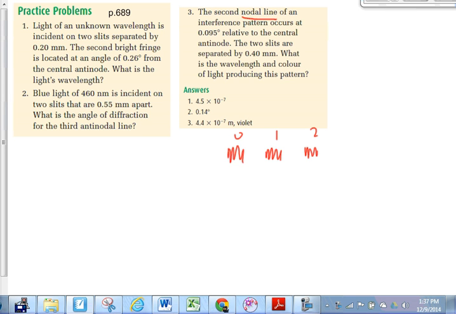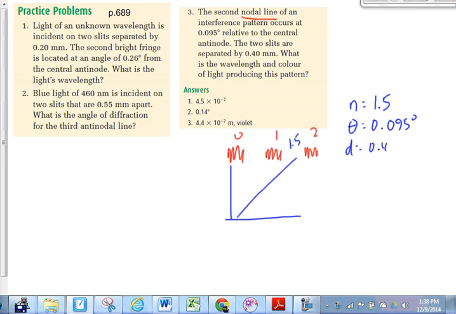We're dealing with the second order minimum where n is 1.5. So we're going to say 1.5 minus 0 is 1.5. We're going to say the angle is, again, you can see it's a really small number here. D is 0.40 times 10 to the minus 3.